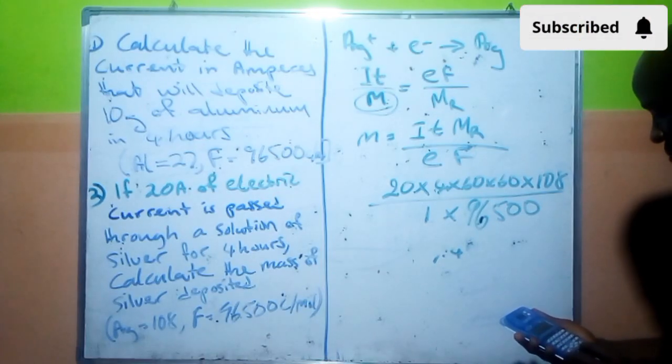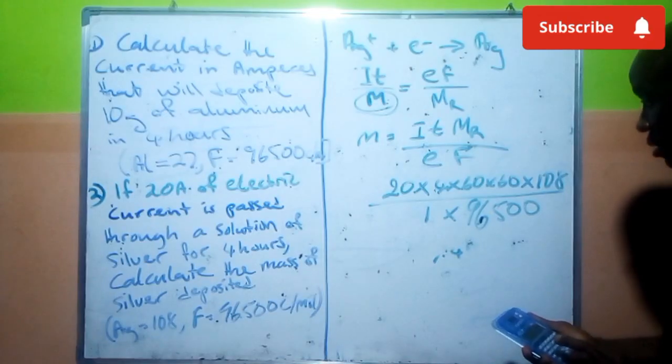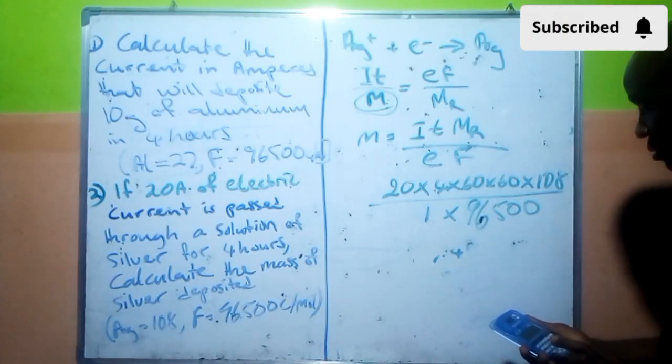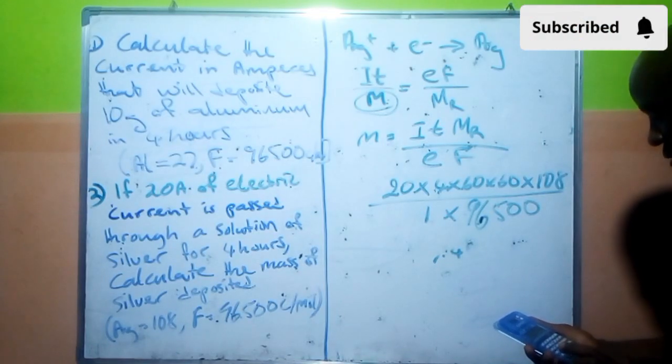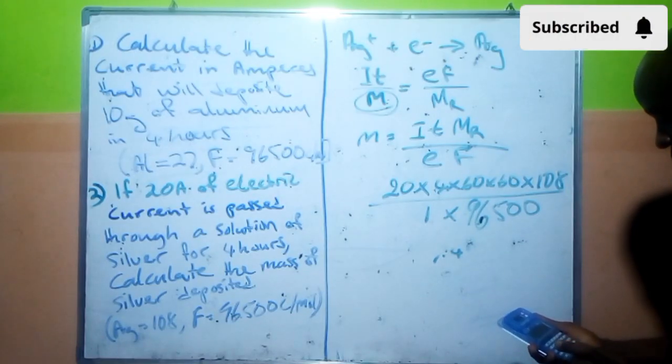Let me try it again. 20 times 4 times 60 times 60 times 108 divided by.